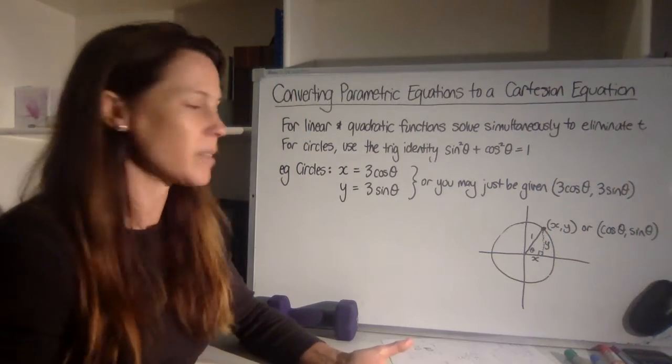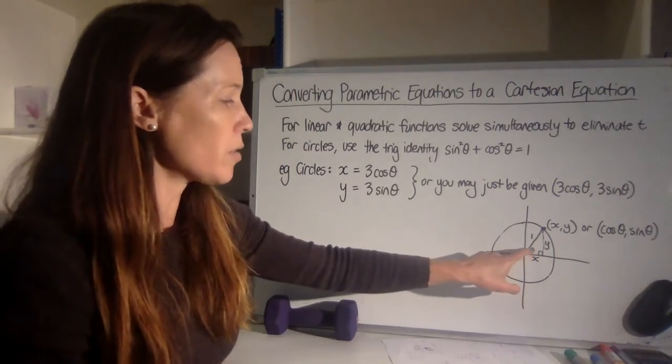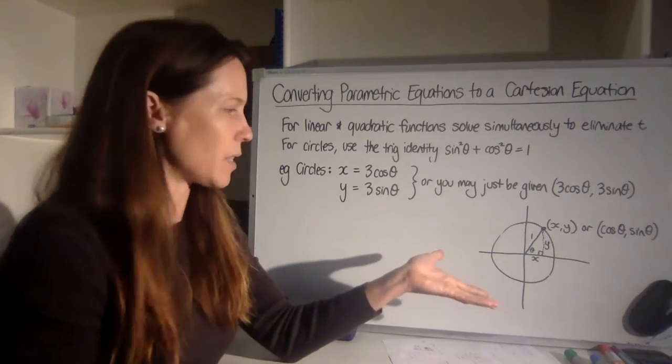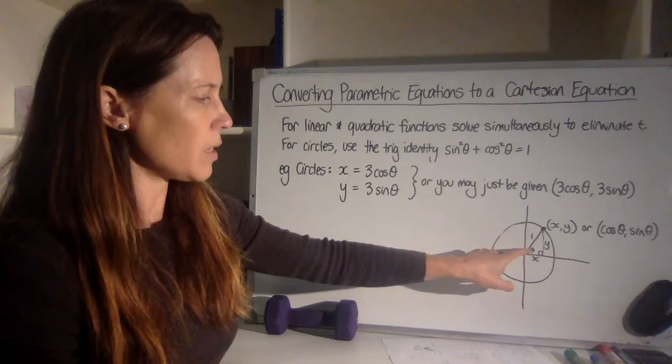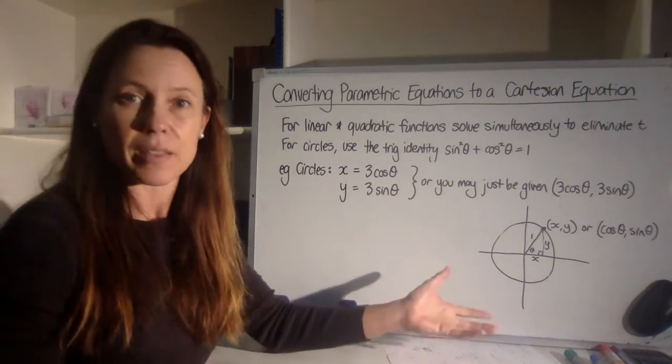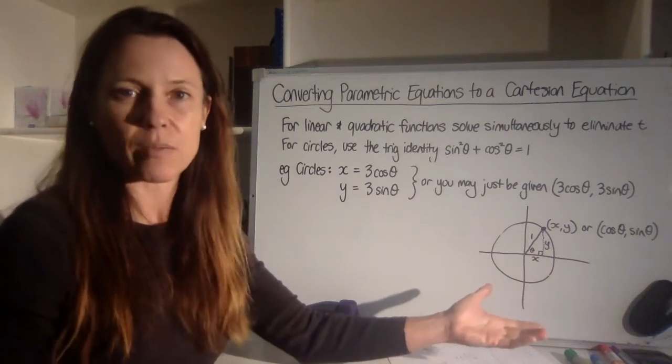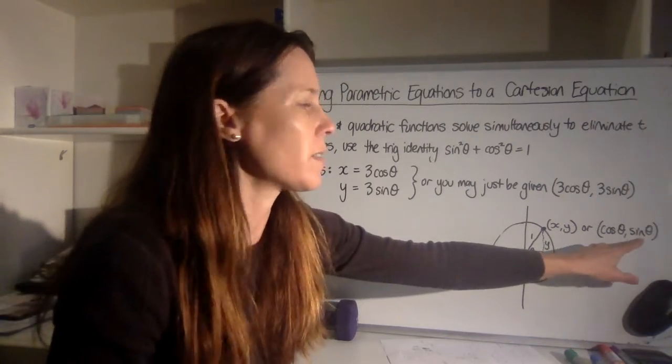And what that means is that if the cos of theta equals x over 1, then x is cos theta. And if the sine of theta equals y over 1, then the sine of theta equals y. So instead of writing xy, we can actually write this point as cos theta, sine theta.